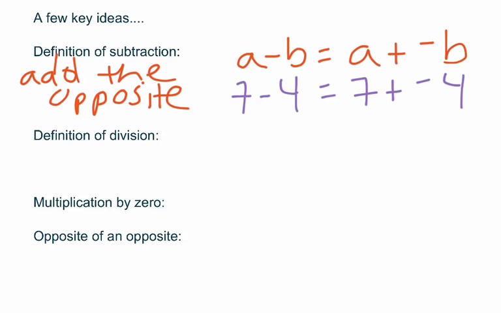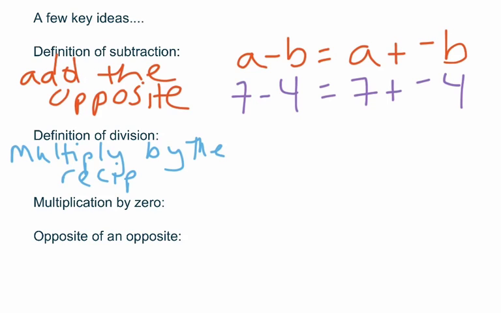Now, you can do the same thing with division. There's no such thing as division. So what on earth are we doing when we divide? We are actually multiplying by the reciprocal, which is why those definitions in that last lesson are important, that you know what an opposite is and you know what a reciprocal is.